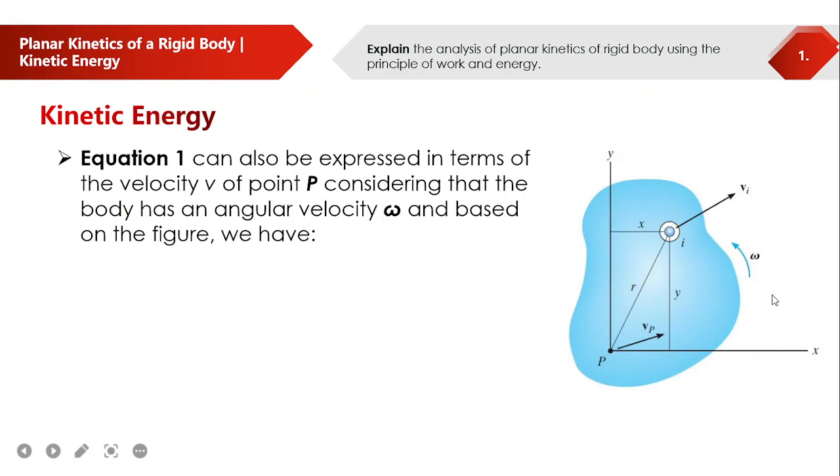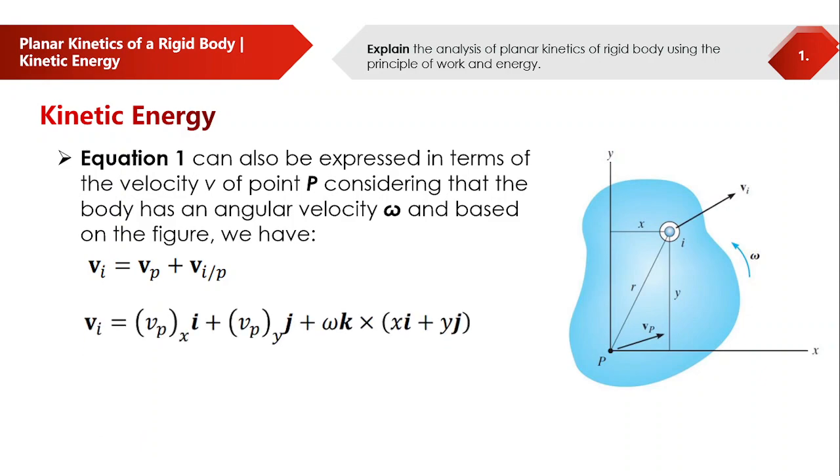Based on the figure, we have v sub I equals v sub P, the velocity at point P, and we also have to consider the angular velocity of the ith particle with respect to point P. So v sub I will be equal to v sub P plus v sub I over P, with respect to P.